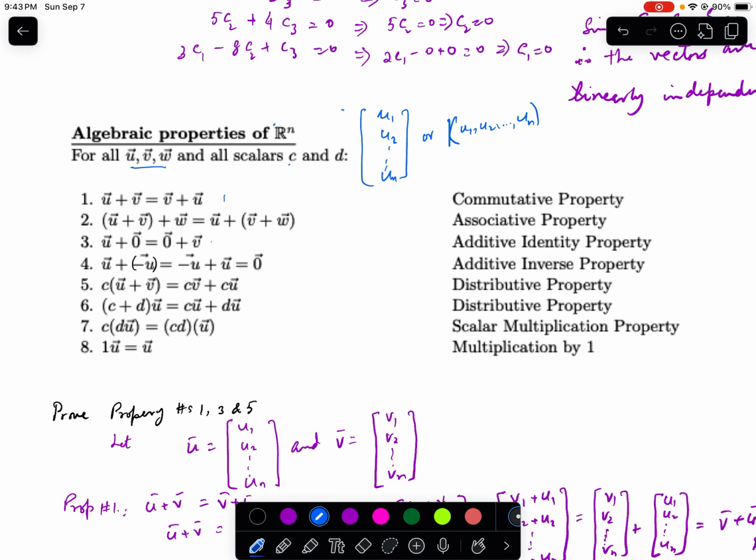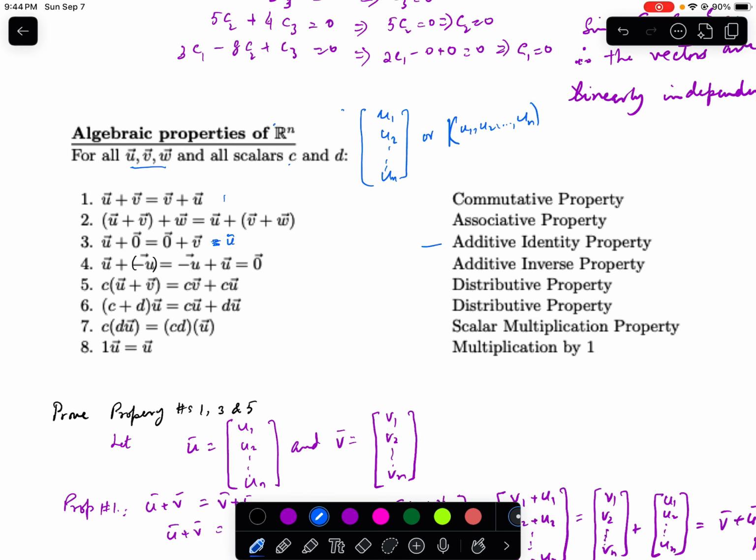Third is u plus z, where z is the zero vector, is equal to the zero vector plus u, and this is equal to the u vector. It gives you back the u vector. So 0 is a quantity which added to any vector will give you back the vector, and it doesn't matter in which order we add it.